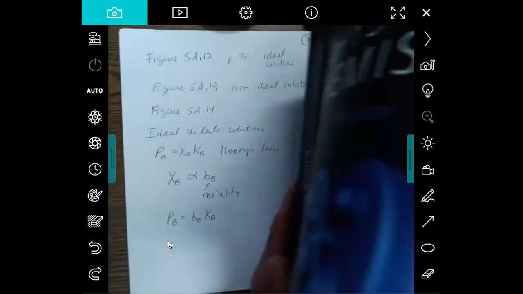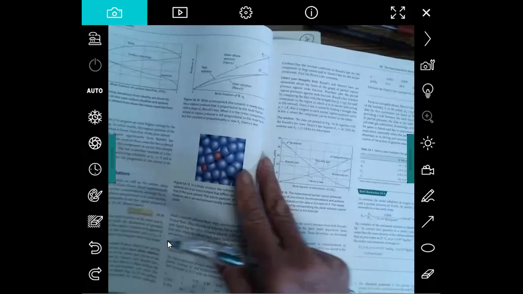And then for non-ideal solutions, you can have positive or negative deviations. An ideal solution by definition is similar to an ideal or perfect gas approximation, but not quite.